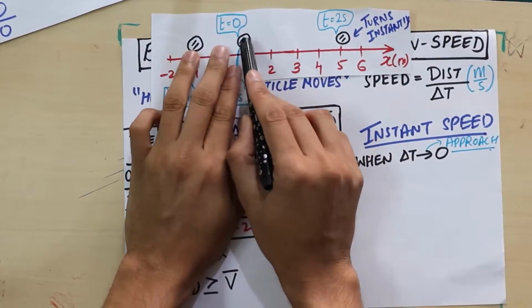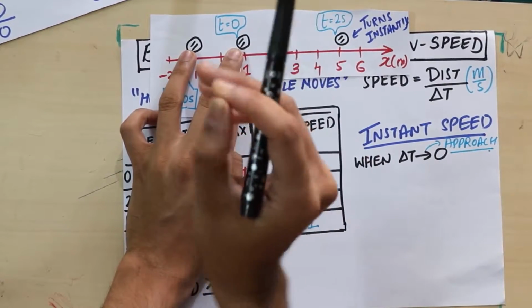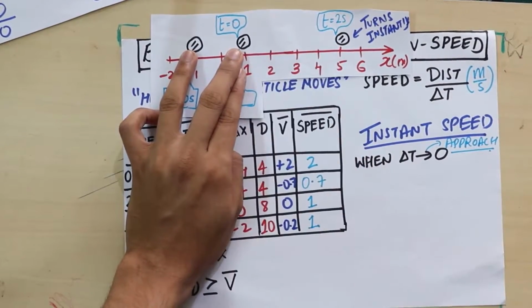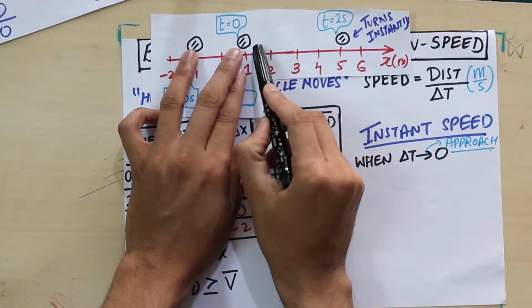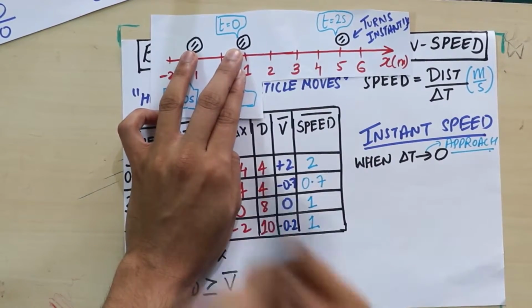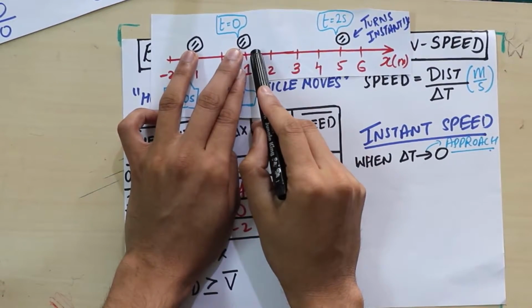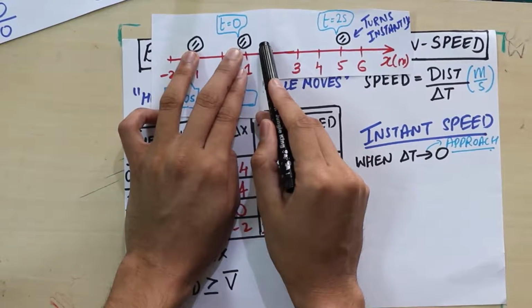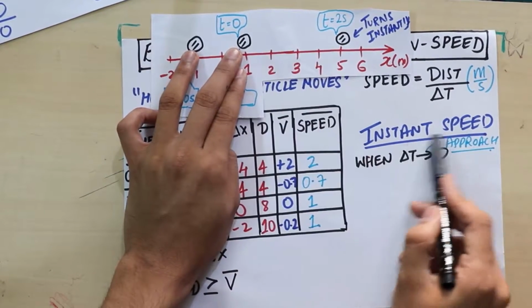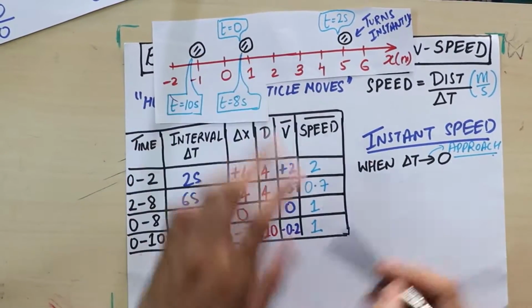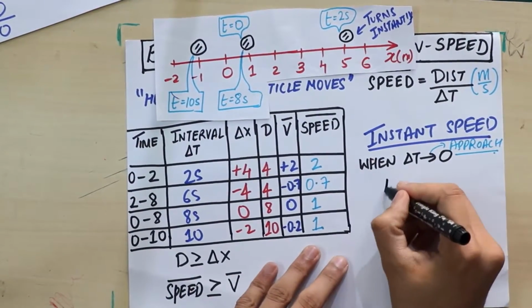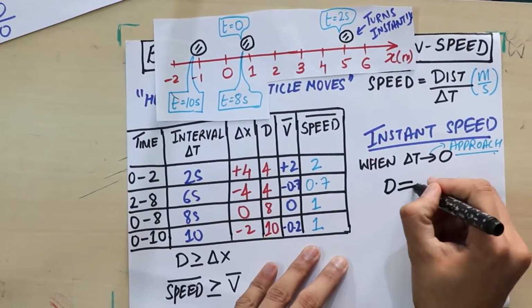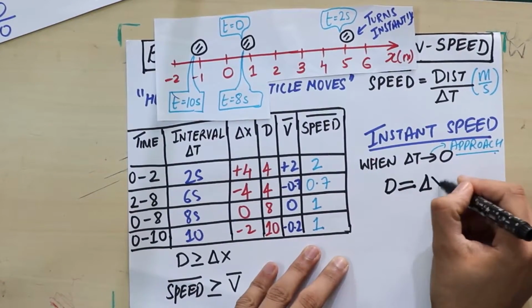What you would see is that Bob would have moved just a little bit, just a hair towards the right. In that small time interval, delta x and distance would be the same, don't you think? In fact, that would be the case everywhere. As long as you make sure delta t is approaching 0, you would always find that d becomes equal to delta x.